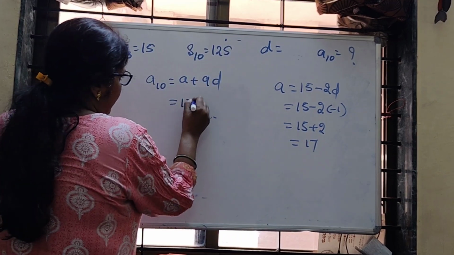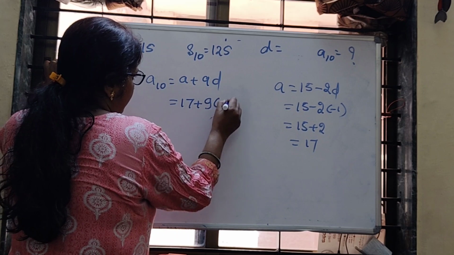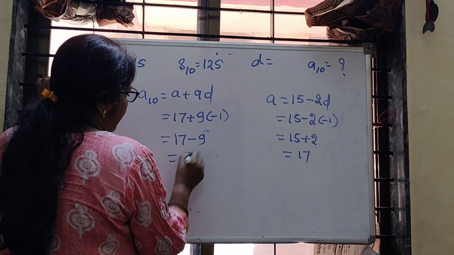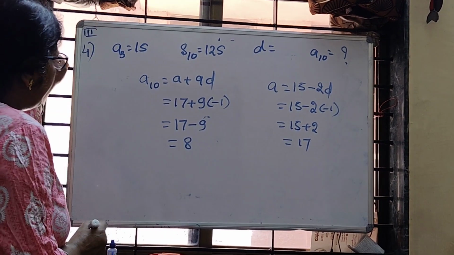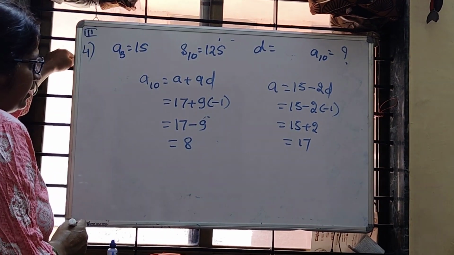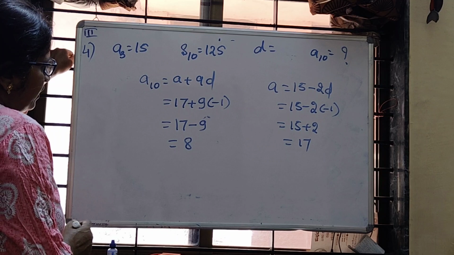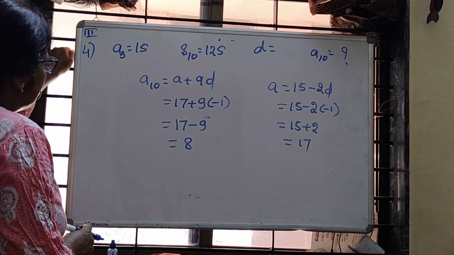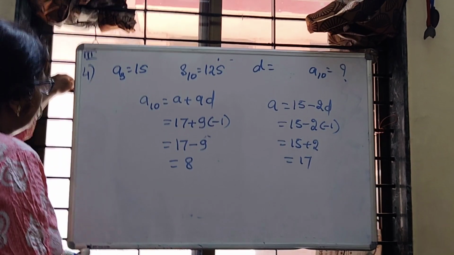So, a is 17 plus 9, d is minus 1. So, 17 minus 9 will give us 8. So, a10 is equal to 8 and a is equal to 17, d is equal to minus 1. With that, we complete the fourth question, children, of third main.